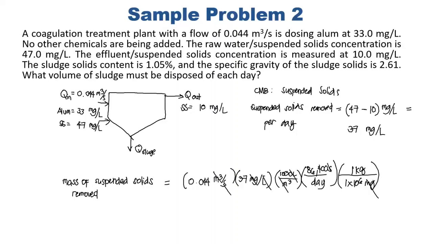We now have the mass of suspended solids removed, 140.66 kilograms per day. The next thing we are going to do is to relate the moles of alum to the moles of aluminum hydroxide. We know that for every mole of alum added, we can produce 2 moles of aluminum hydroxide.